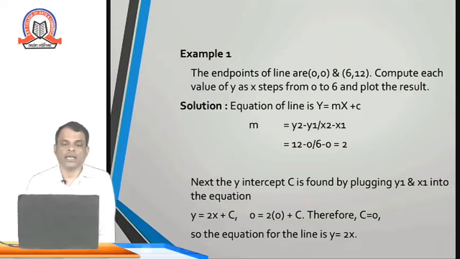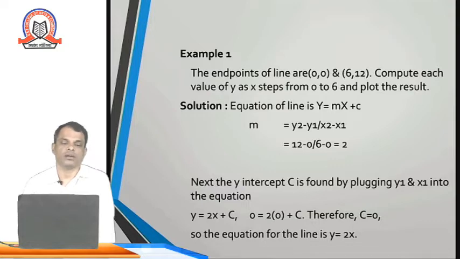Let's see it again. See our initial values, x1 and y1 are 0, 0 and x2 and y2 are 6, 12. So what is the slope? y2 minus y1 upon x2 minus x1. So our slope is coming 2. So that value of 2 we are going to put in the equation. The equation will now become y is equal to 2x plus c. Now this c is the y intercept. So again we will put the values for x and y.